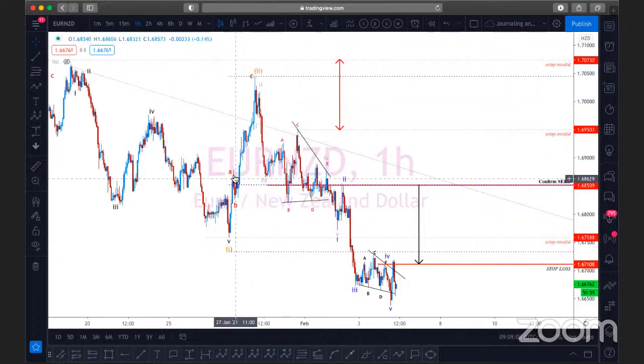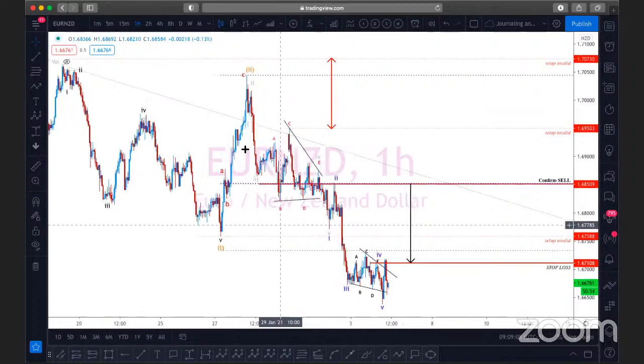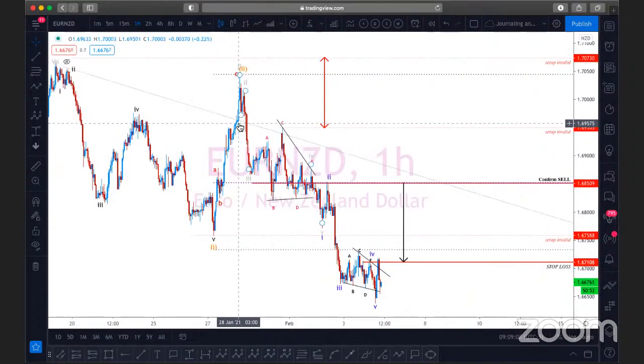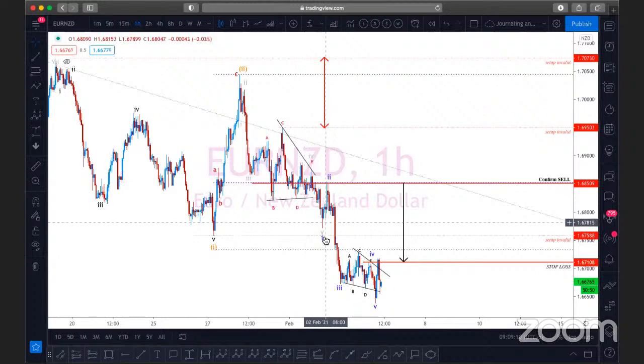Market completing A, B, C structure to give you wave 2. And we have wave 1 of wave 5 of wave 3 extended, where we had a 1, 2, 3 triangle to give you 4, and a 5-wave impulsive move to give you wave 5.